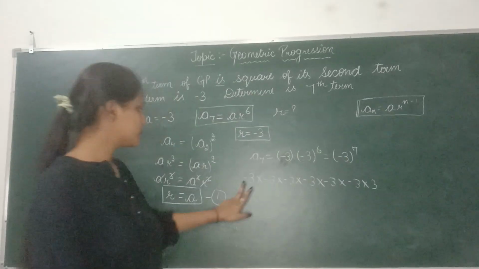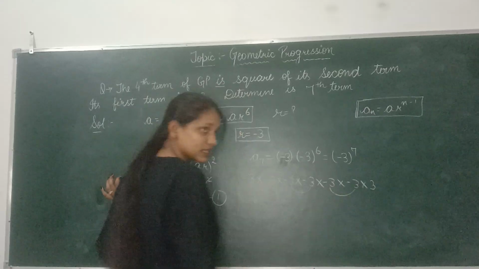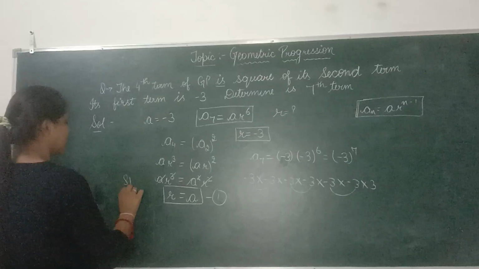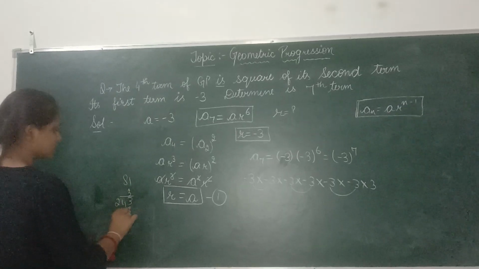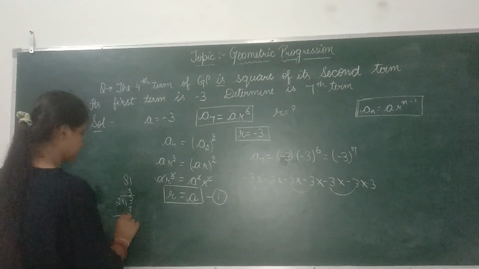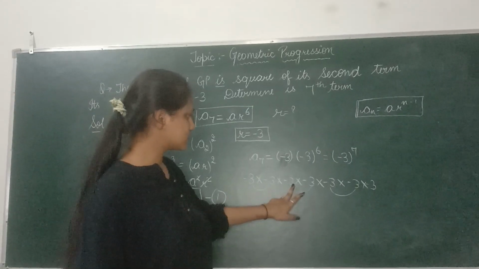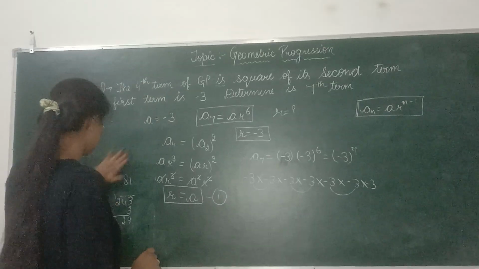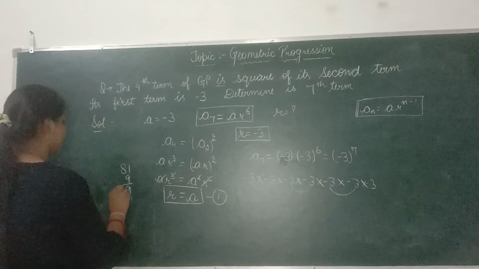Okay, so 3 3s are 9, 9 9s are 81, and 81 times 3 is 243, and 243 multiplied by 3 is 729.